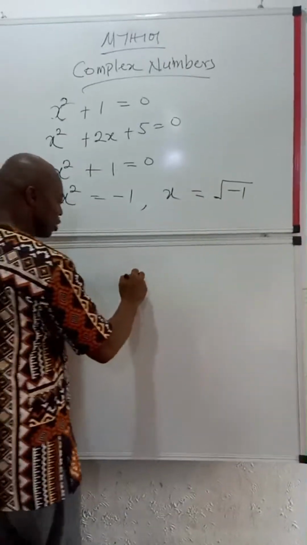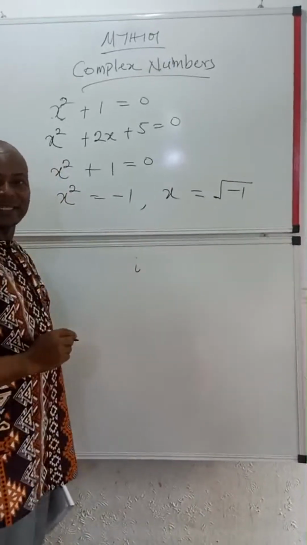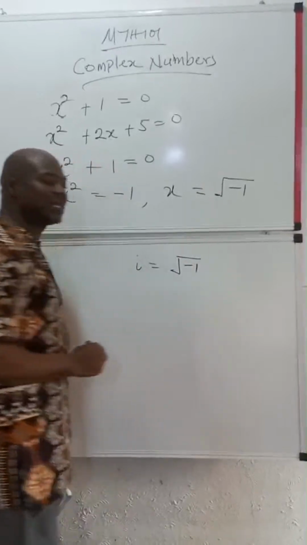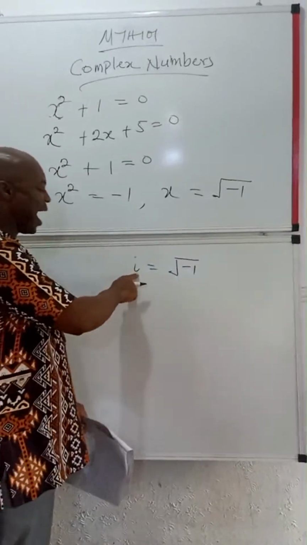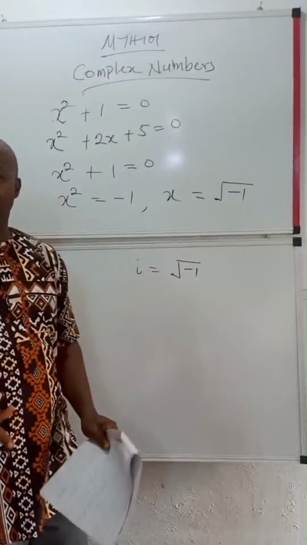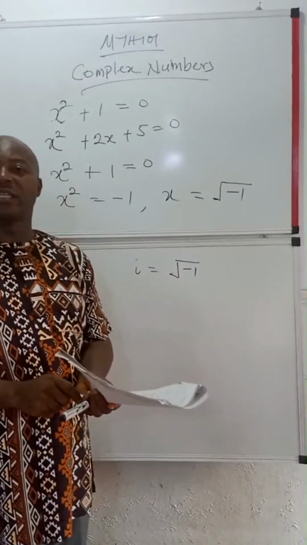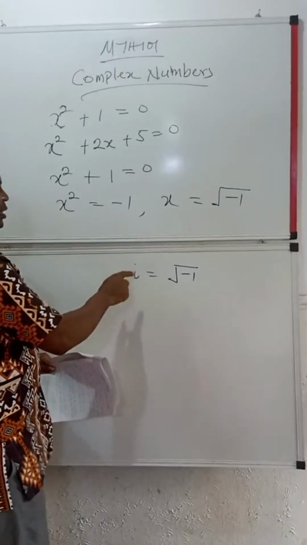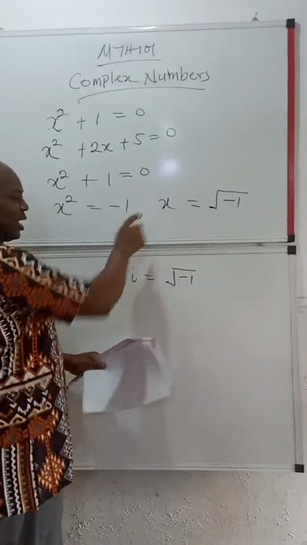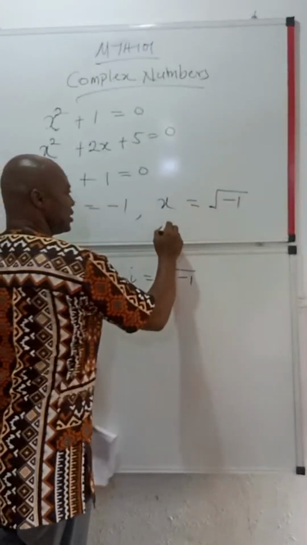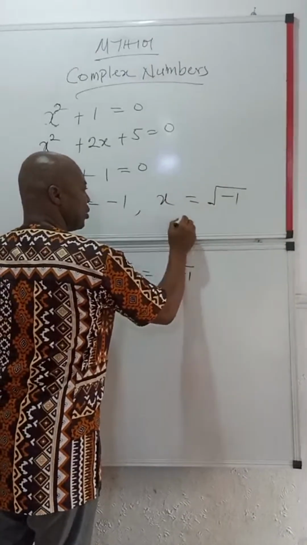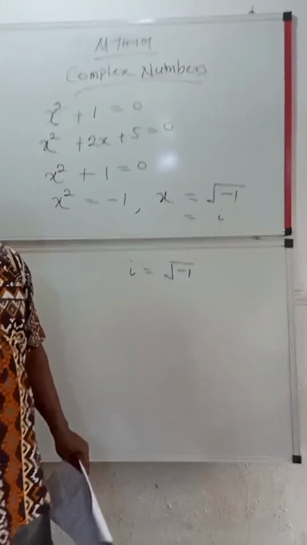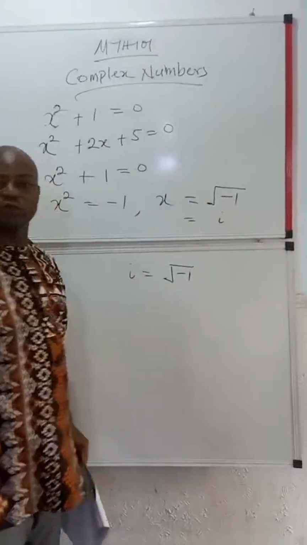In mathematics, we use the symbol i to denote the square root of -1. So whenever you see i, we are referring to the square root of -1. Meaning that the solution here will be equal to i, based on what we have said.